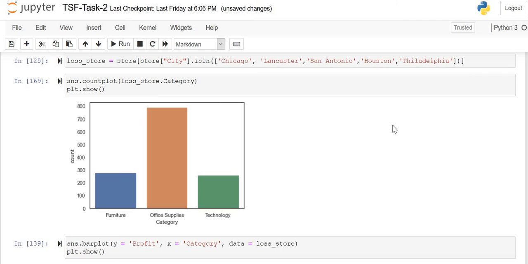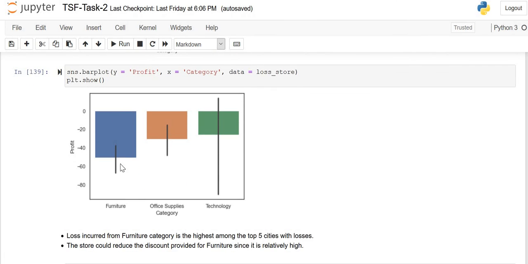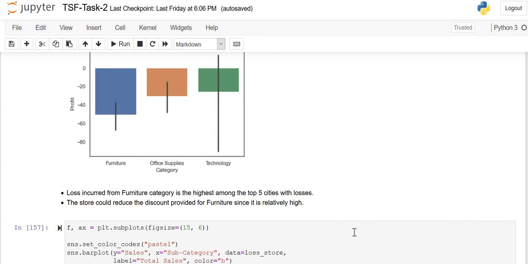Among the top 5 cities which are making the highest losses, we see that the furniture category is making the highest losses, followed by office supplies and technology. The store should definitely reduce the discount provided for furniture since it's relatively high.